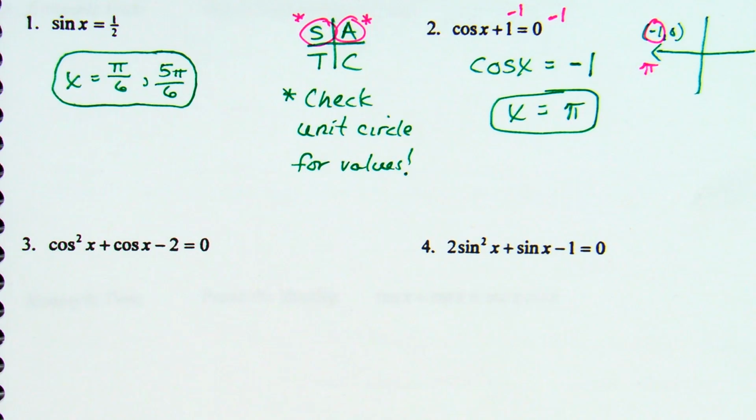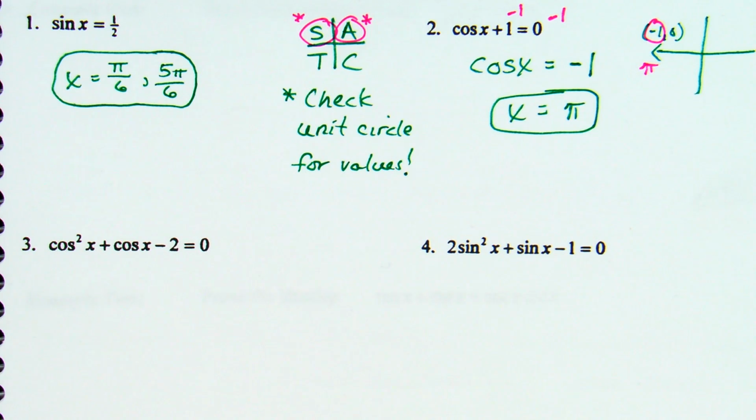X squared breaks into x and x. I need numbers that multiply to be negative 2 and add to be 1. And those numbers are 2 and negative 1. So my parentheses, if it was just x, you are going to use that every time we do one of these problems. Some of you are going to use it right now, and then you'll figure it out and not need it.